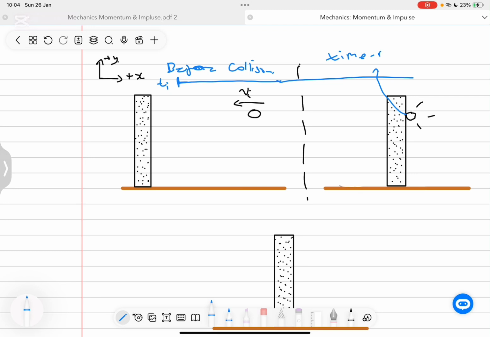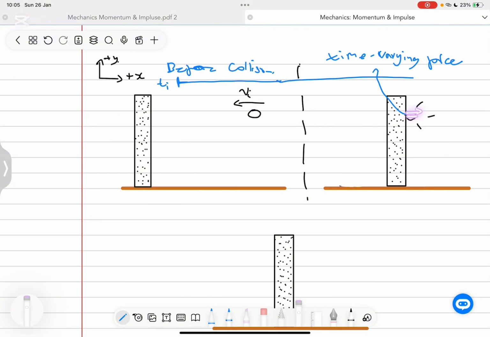So we're going to have what we call a time varying force. This means that the ball will experience a number of forces that come from the wall.